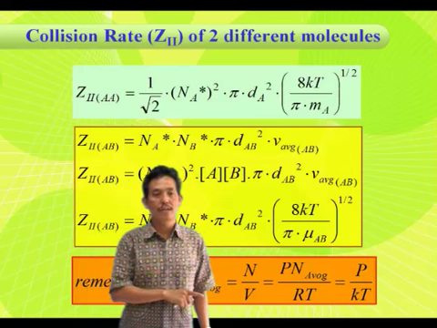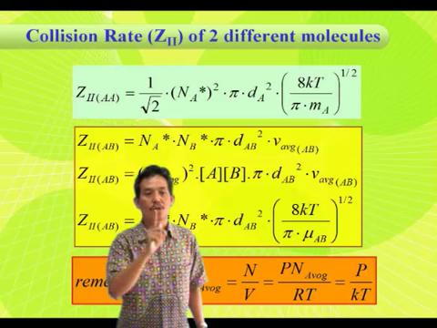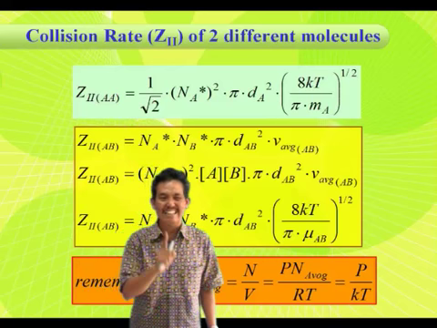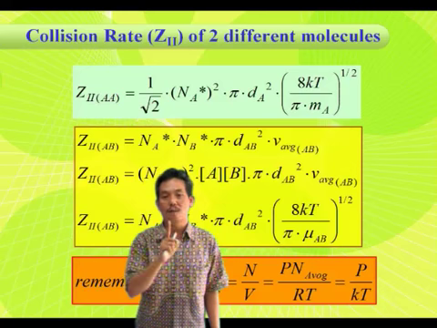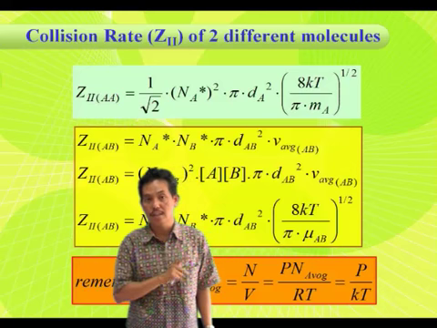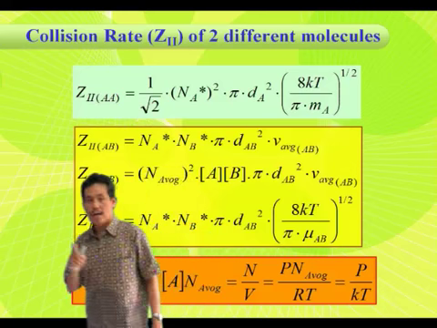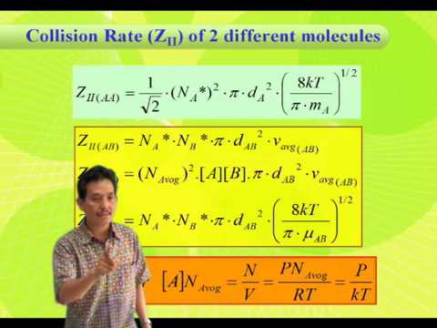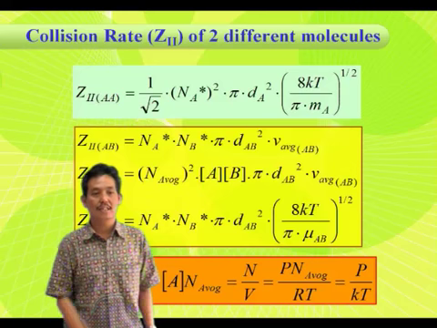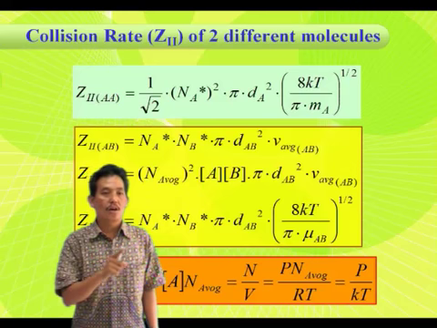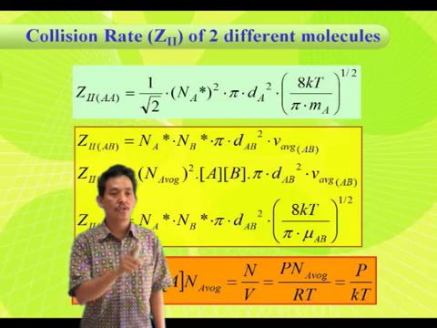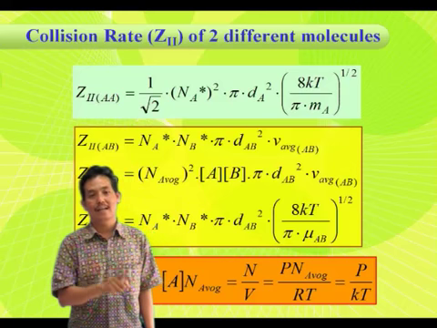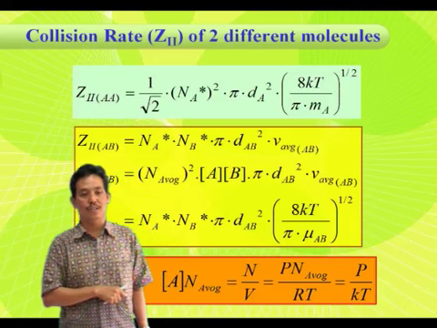As I showed you, we have counted the rate of collision of one type of molecule. Now different molecules. Have a look over there. Collision rate Z2 for AA is given by that equation.